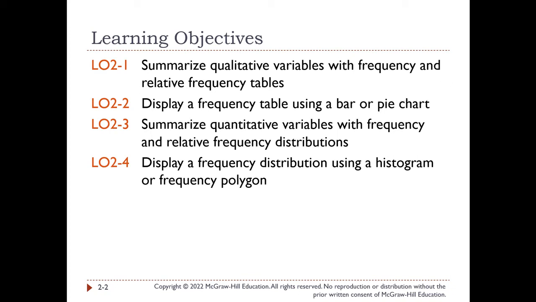We're going to display a frequency table using a bar or pie chart. Then we're going to summarize quantitative variables with frequency and relative frequency distributions and display a frequency distribution using a histogram or frequency polygon.